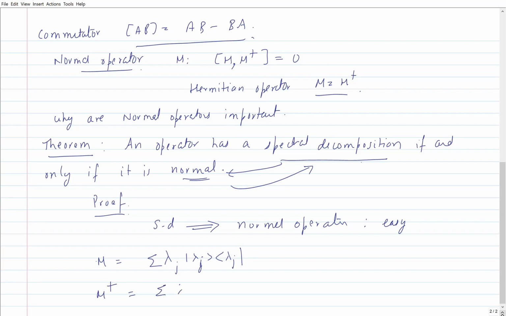That's going to be something like this guy, and of course you can prove this equals 0. So this part of the proof is trivial.